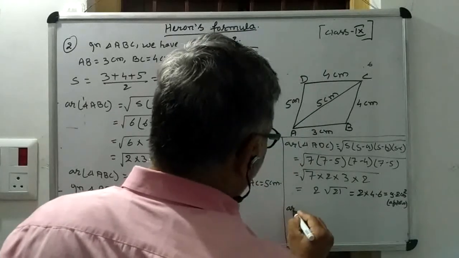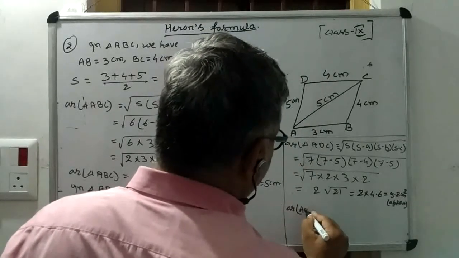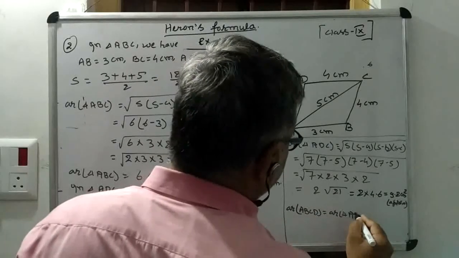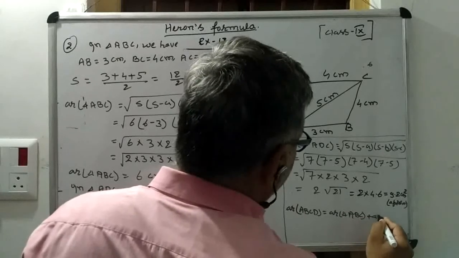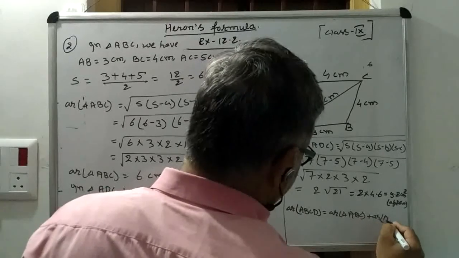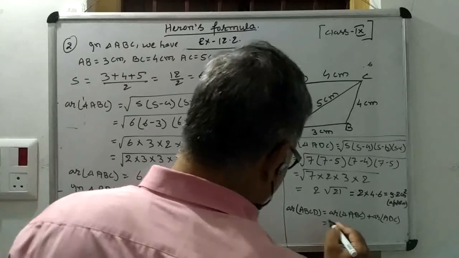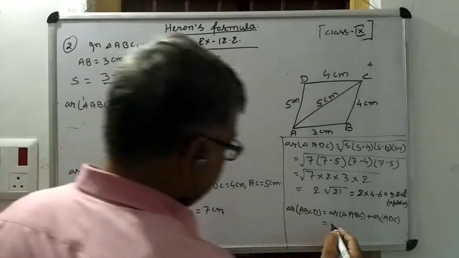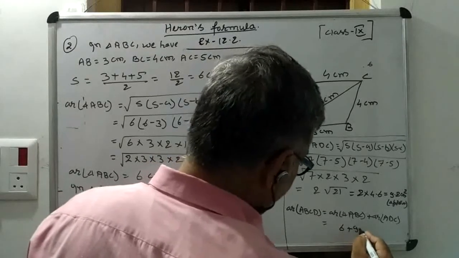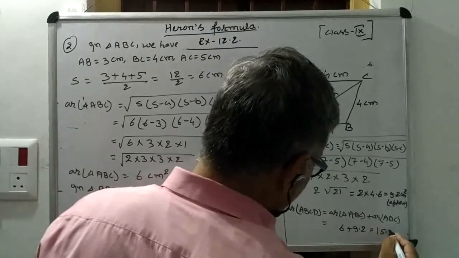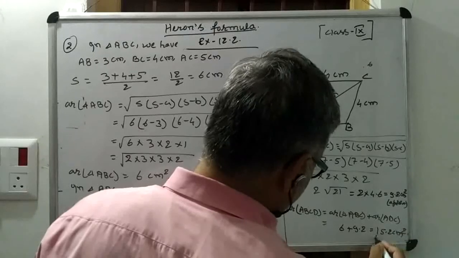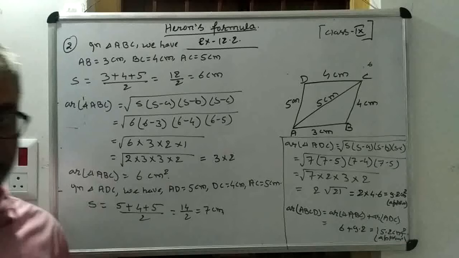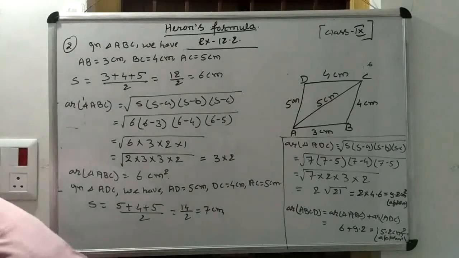So area of quadrilateral ABCD equals area of triangle ABC plus area of triangle ADC. When you add it together, 6 plus 9.2 is 15.2 centimeter square, approx, the area of this quadrilateral.